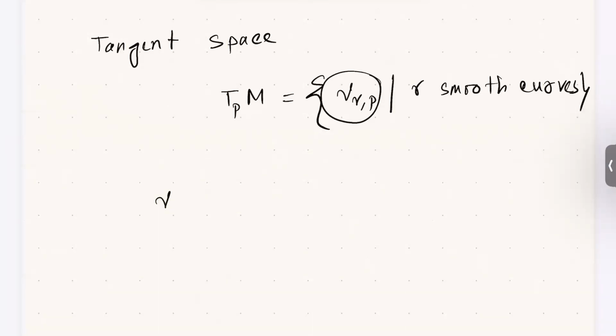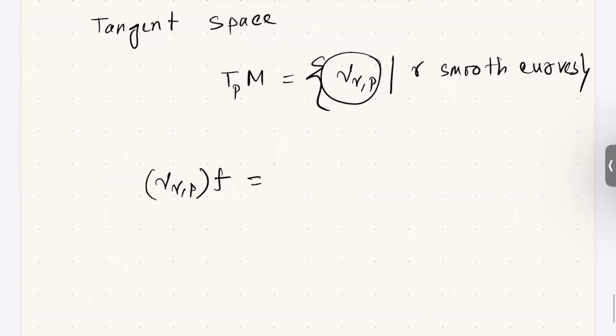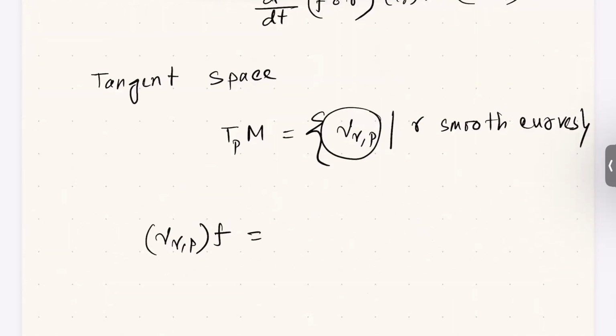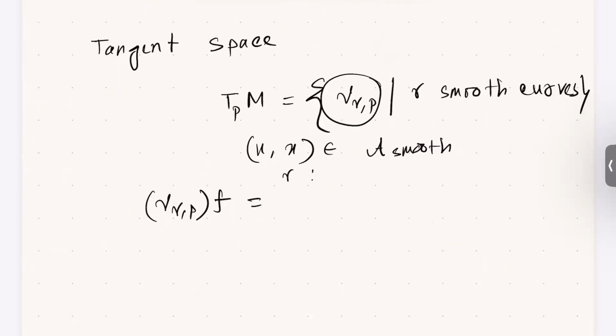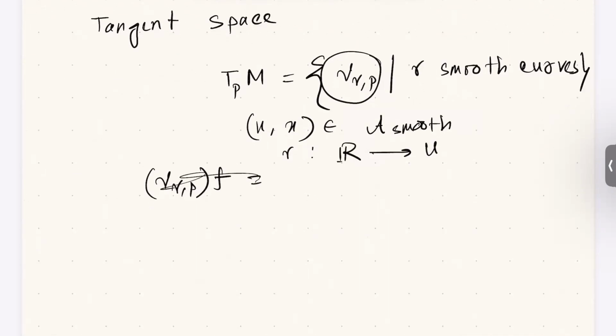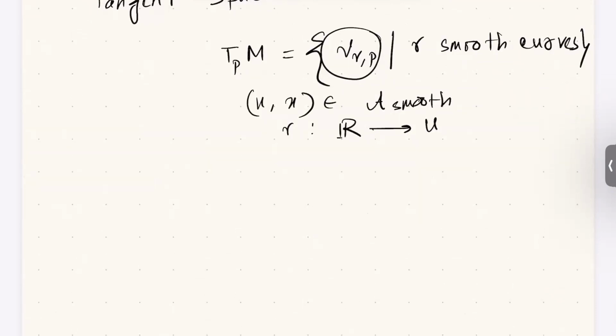So v_γ,p acting on a function f is equal to, so let us consider a chart (U, x) belonging to the smooth atlas, and this γ is a function from the set of real numbers to this set U, and for simplicity let us consider γ(0) equals p.